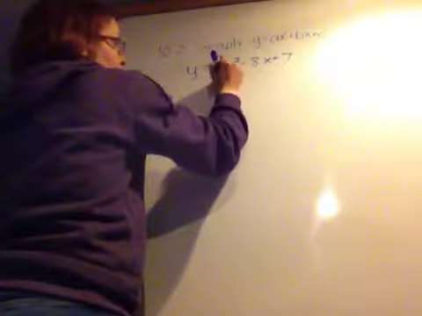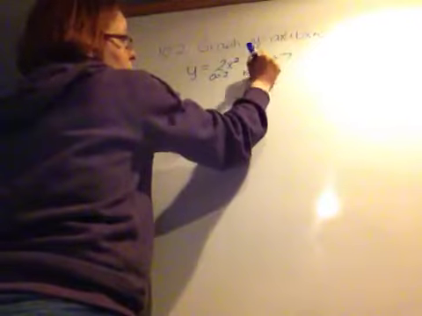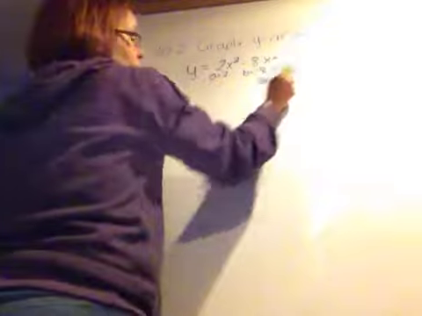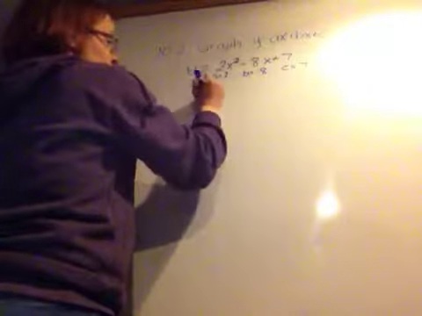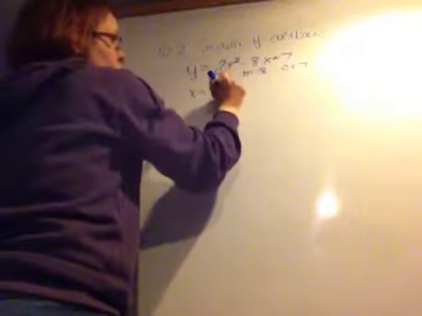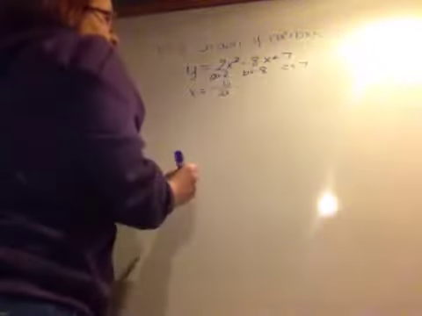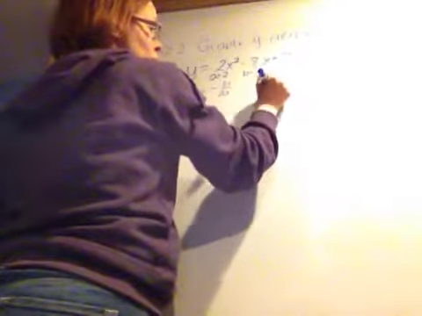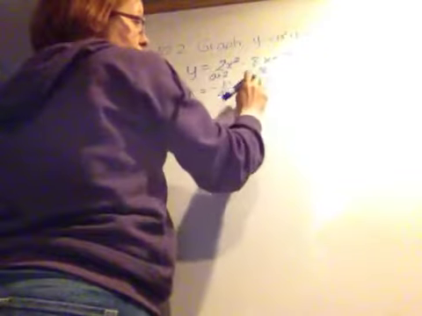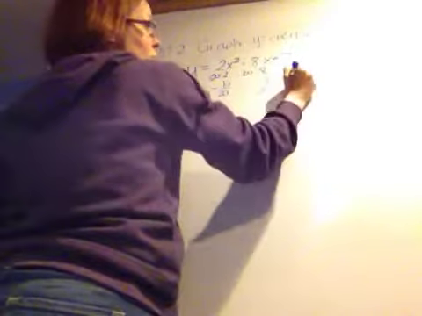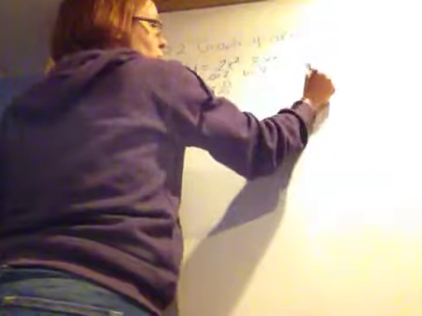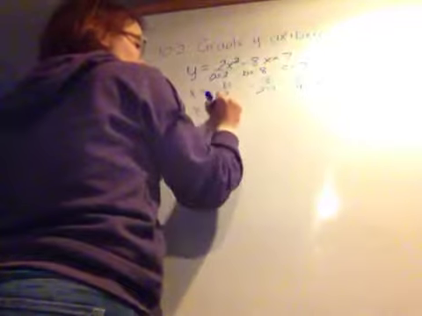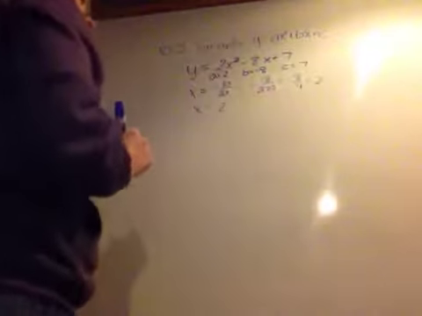So let's see, a is 2, b is negative 8, and c is positive 7. So my axis of symmetry is x equals negative b over 2a. So it's going to be negative 8 over 2 times 2. The negative becomes a positive, so this is 8 over 4, which is 2. So my axis of symmetry is x equals 2.